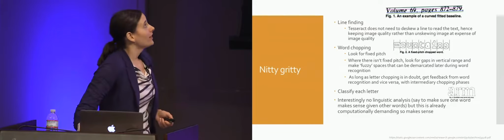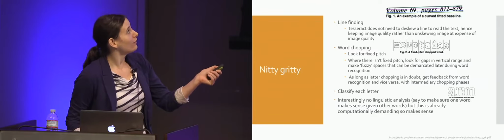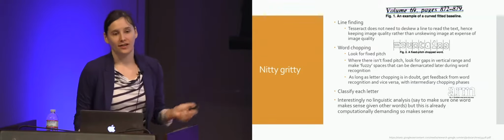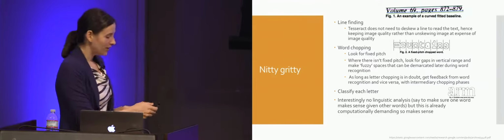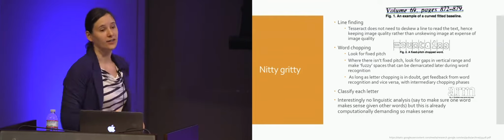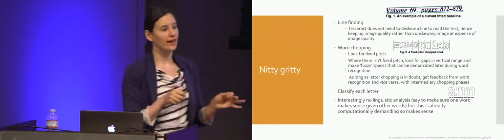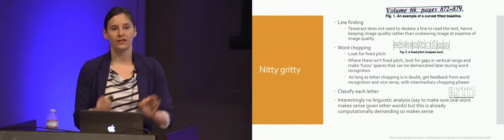Even more nitty-gritty, right? So line finding, how does line finding work? They actually fit a couple of splines to the line, and sort of try to figure out the geometry of the line. Then they chop up words and try to delineate individual characters, because this is really one character at a time recognition. This is not figuring out the whole word. It's like, what is this letter?